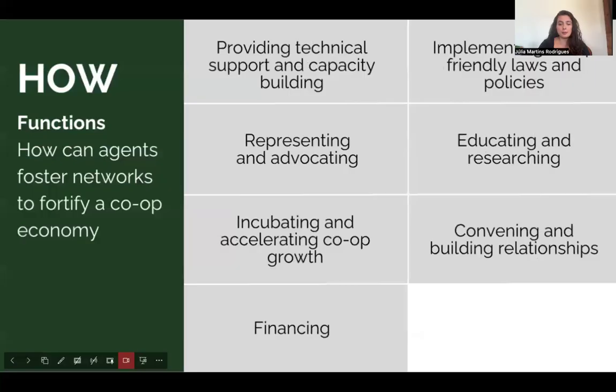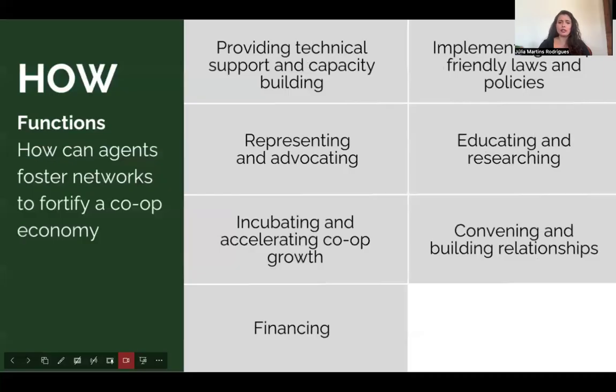They do this by providing technical support, building capacity, implementing co-op-friendly laws and policies, advocating and representing, supporting education and research, incubating new co-ops, accelerating growth, fostering relationships, and providing financing.